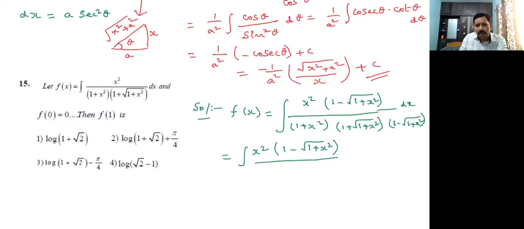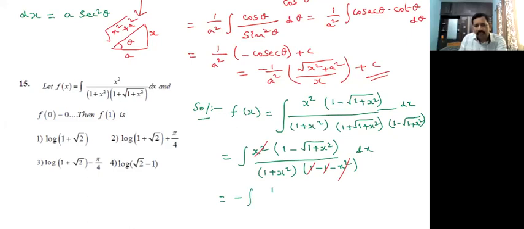Denominator part: 1 plus x squared into a plus b into a minus b, a squared minus b squared. There will come 1 minus 1 minus x squared. Here minus 1 plus 1 cancel and remaining is minus x squared. X squared also cancels. Remaining is only the negative term. Now take the negative term outside.